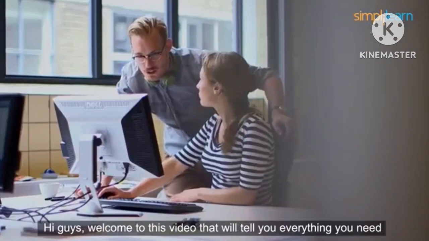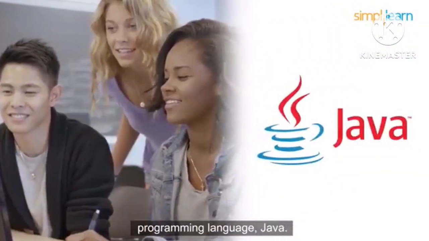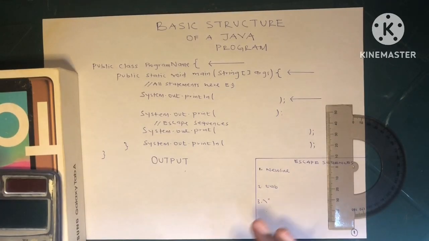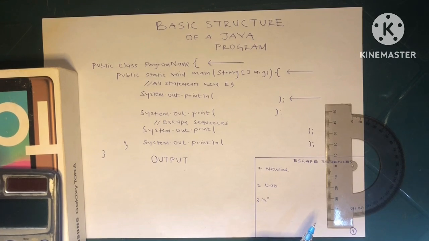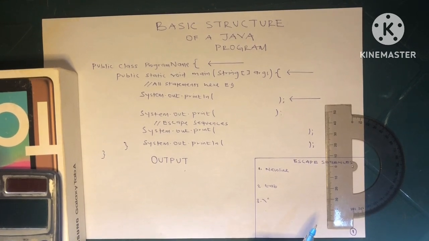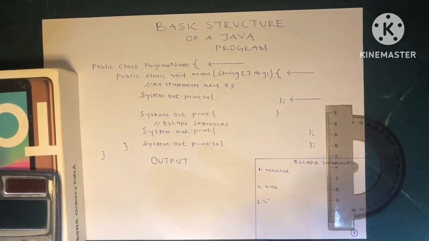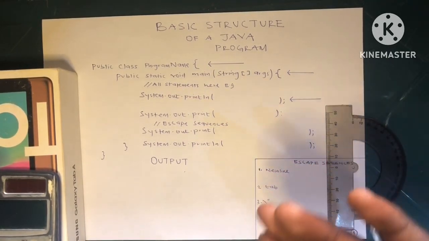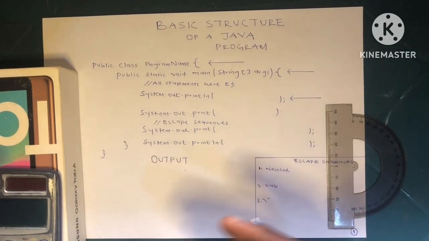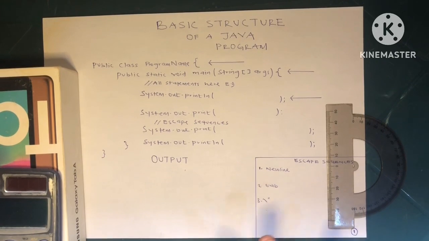Hi, welcome to this video that will tell you everything you need to know about the class-based object-oriented programming language Java. In this course, you may have noticed that I'm not using a computer to teach you Java. Well, the basic reason is because our main aim is not to make you an expert in Java, but rather to make you proficient in it, to enable you to see a Java code, identify that this is a Java program, understand it, and also be able to read that program so that you provide an output for it, because that's what you might be doing in the exams.